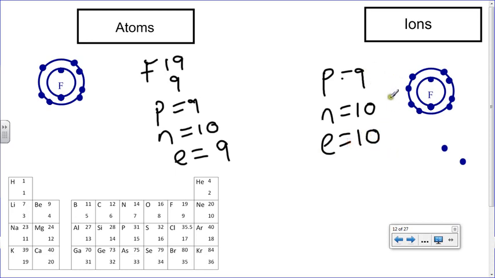It's got 1 more electron than it has protons, so that means it's got 1 negative charge. So just like with the metals, we draw the brackets around the ion and we say it has 1 negative charge. You notice the difference between the non-metals and the metals. The non-metals gain an electron to get a negative charge, in contrast to the metals, which gave away electrons to get a positive charge.